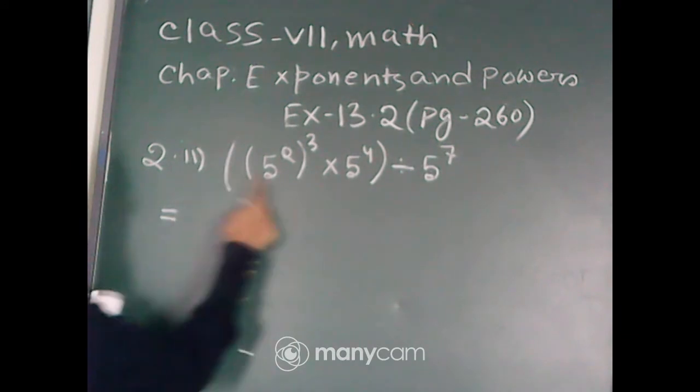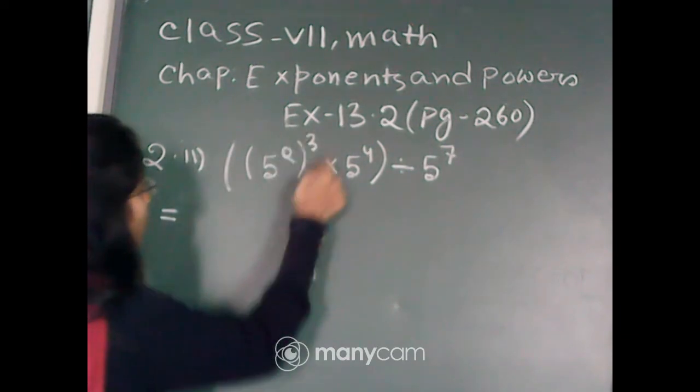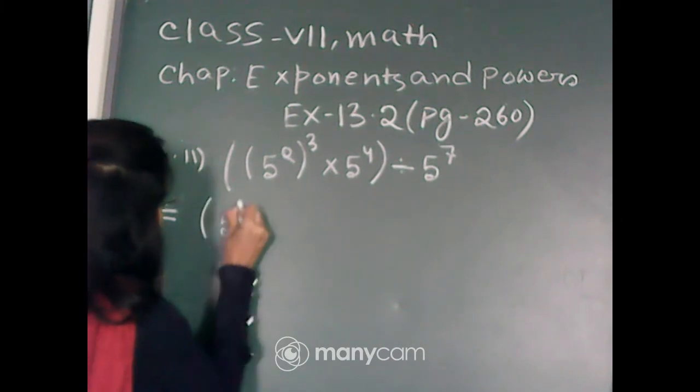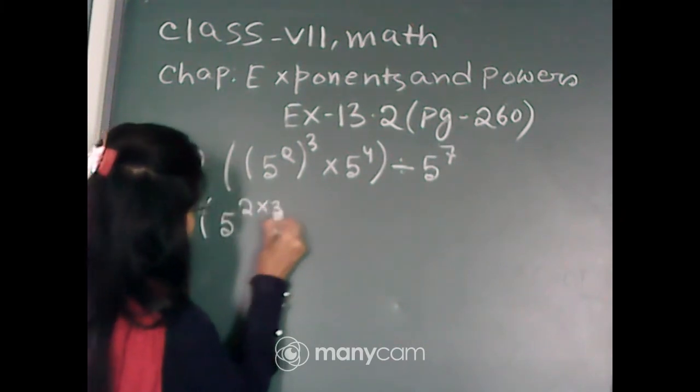Now, (5 square) whole to the power 3 is equal to 5 to the power 2 into 3, isn't it?